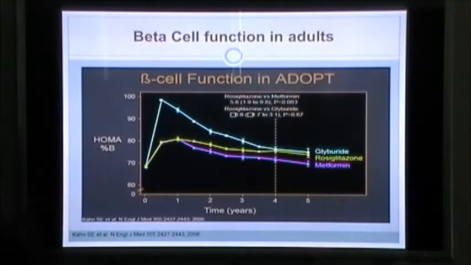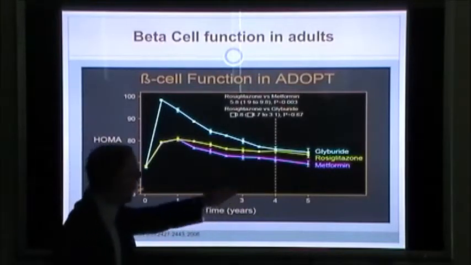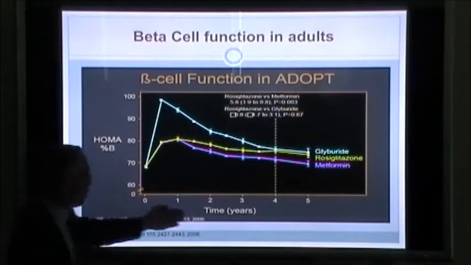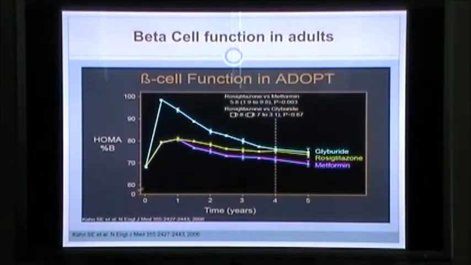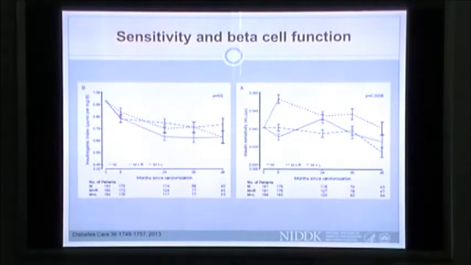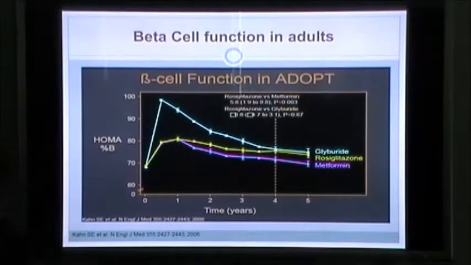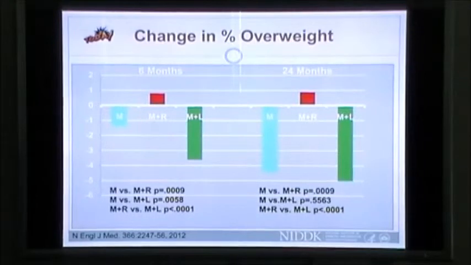This is HOMA. There are differences. You can ask whether HOMA is a good thing to do in a patient with diabetes, but in any event, again, what we're seeing is gradual loss of beta cell function with an x-axis that's measured in years, as opposed to here when we're looking at months. So again, what appears to be the case is that we have kids who are having beta cell loss more rapidly than in adults.